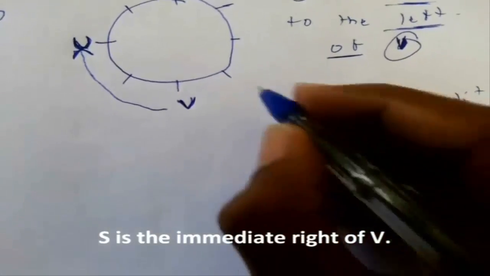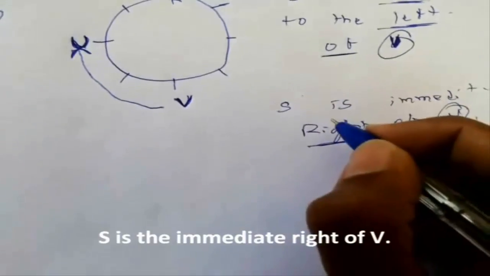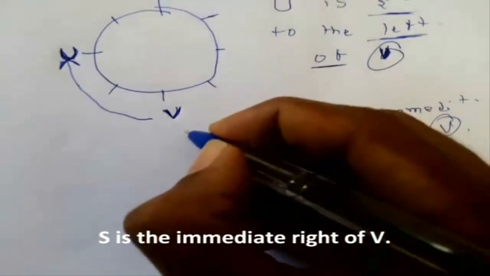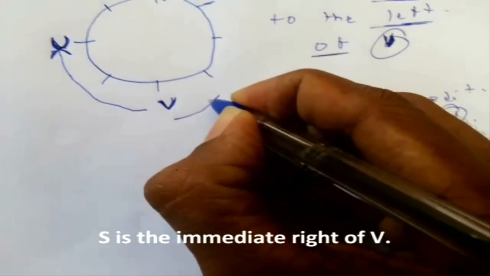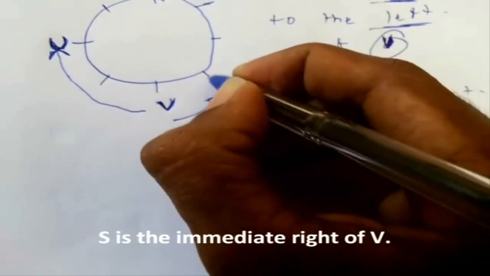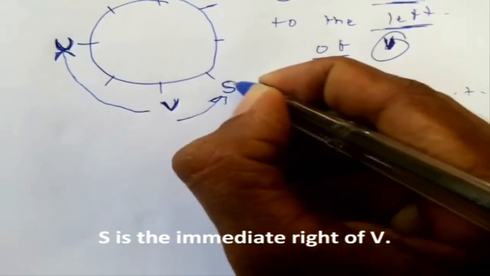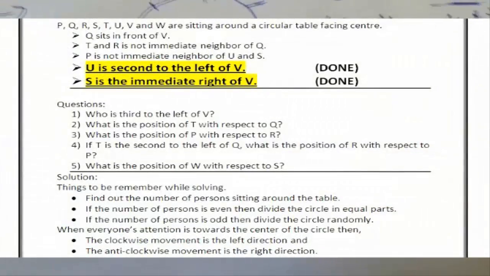And the direction is right, so we have to move in an anti-clockwise direction, and the condition is S is immediate right. So if we move from V in the anti-clockwise direction, the immediate right place is this one, so S comes here. So the fourth and fifth conditions are satisfied.